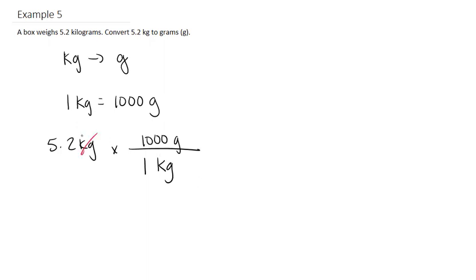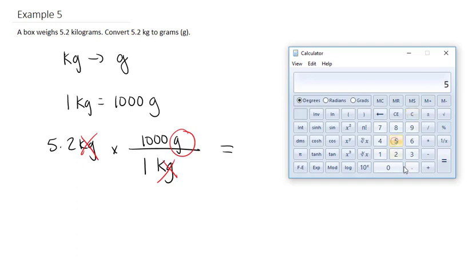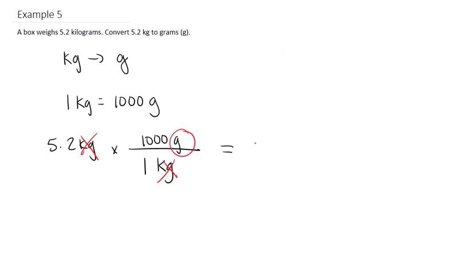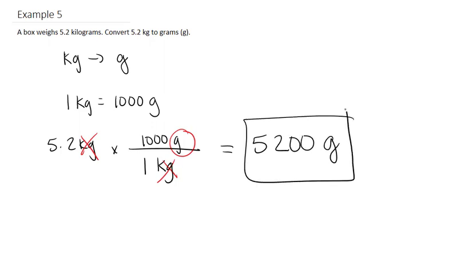We're going to go ahead and cross out kilograms, as we're left with just grams. And then we go ahead and get our calculators out and go 5.2 times 1,000, which is equal to 5,200 grams.